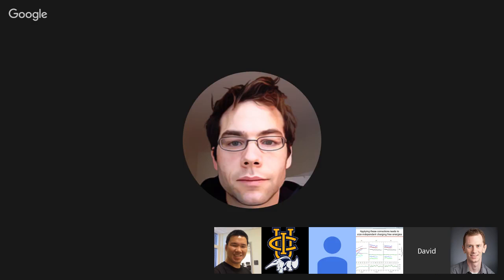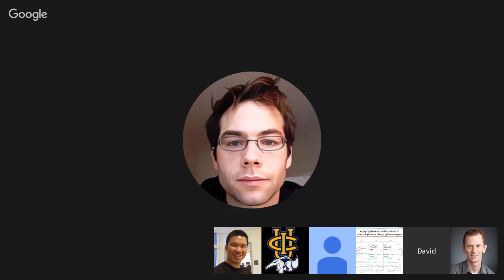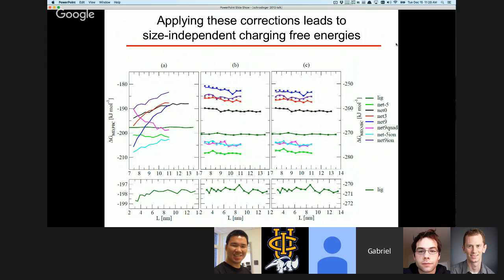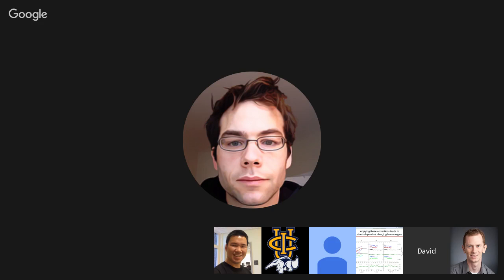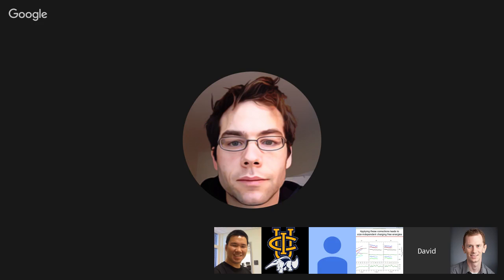The one in the middle is 1.4. What's the difference between B and C? The difference between B and C is the definition of the solvent radius in the PB calculations that were used to compute the correction terms. Do you remember what radii were actually used for that? I think B is 1.4 angstrom and C is 1 angstrom. Got it. Okay, thank you.